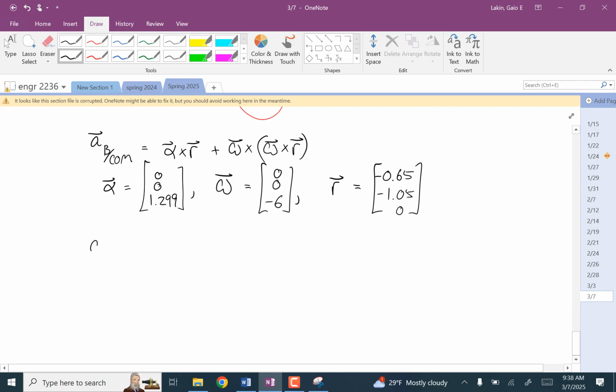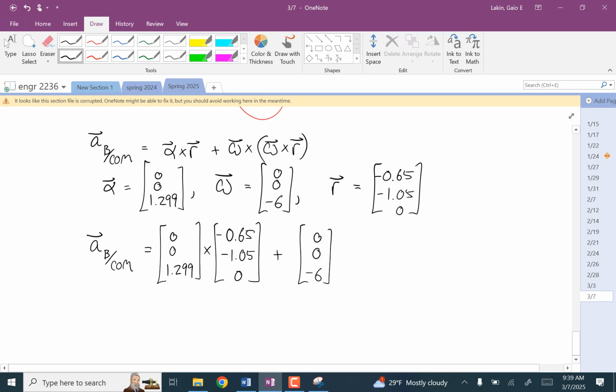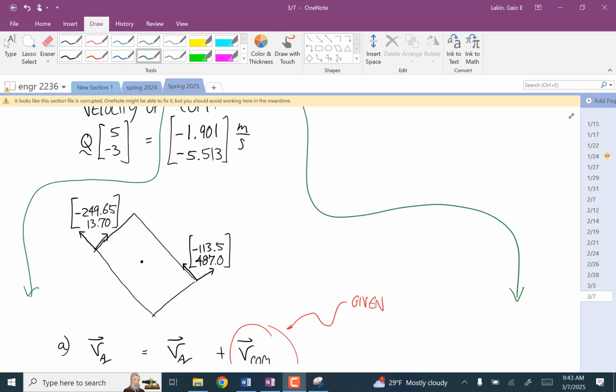Okay, so 0, 0, 1.299 crossed with negative 0.65, negative 1.050, plus 0, 0, negative 6, crossed with the quantity 0, 0, negative 6, cross negative 0.65, negative 1.050. Everything below here is useful.